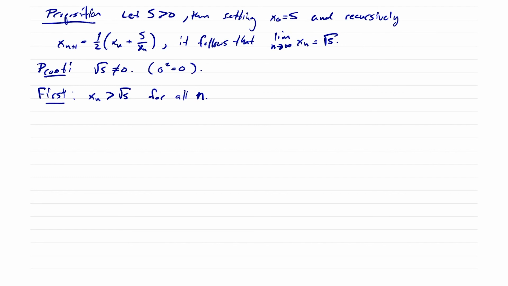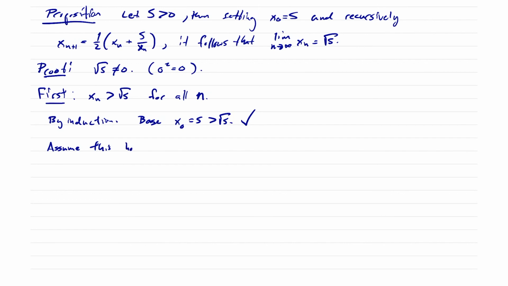We can show this by induction. So first, let's get our base case. Well, x naught is equal to s, and that is indeed bigger than the square root of s. So check.